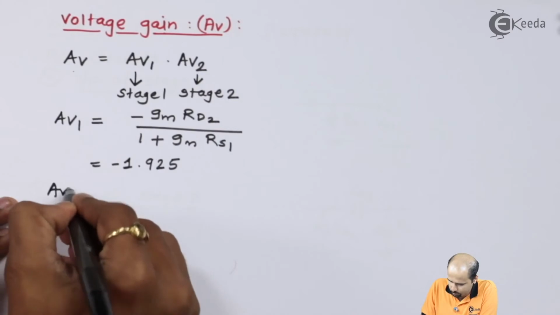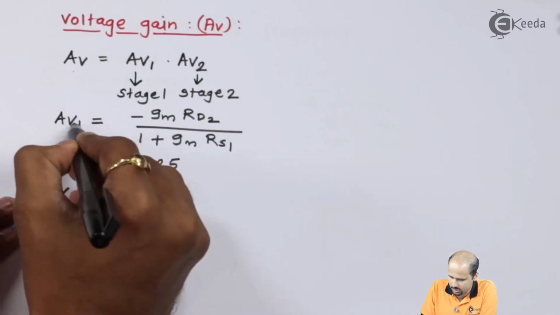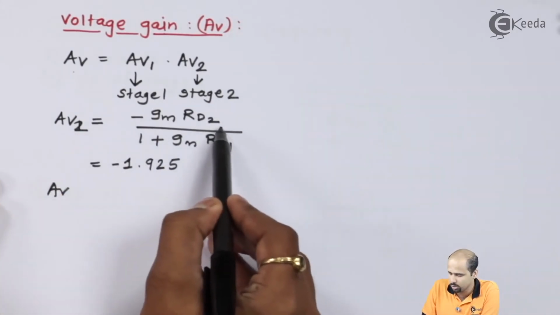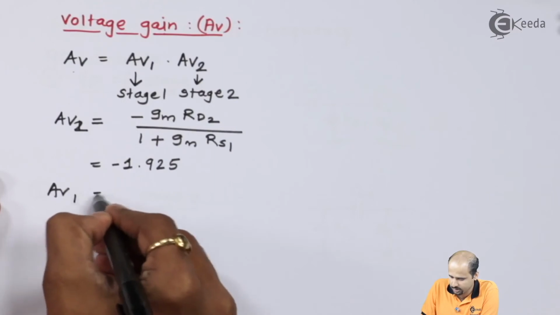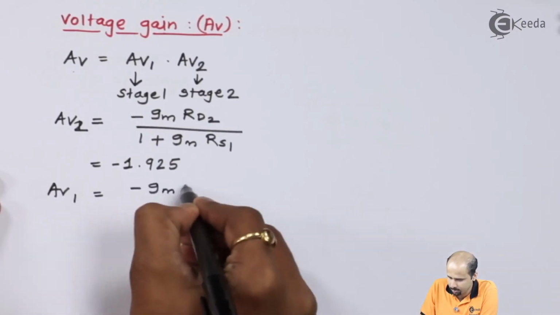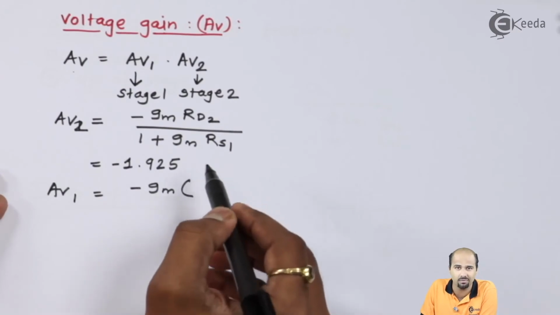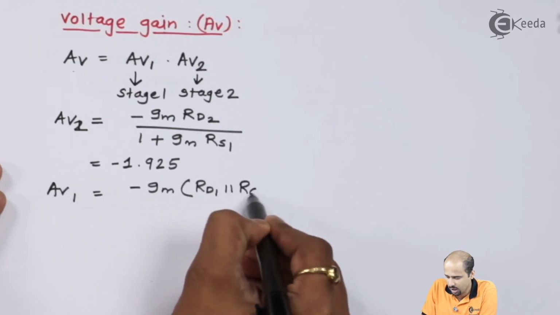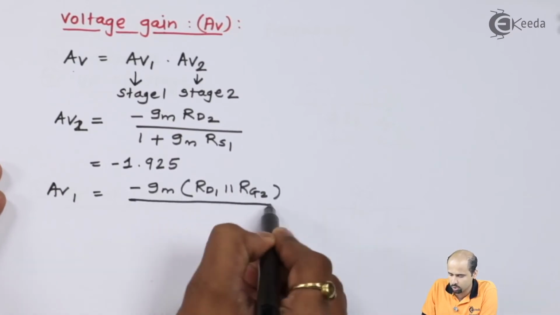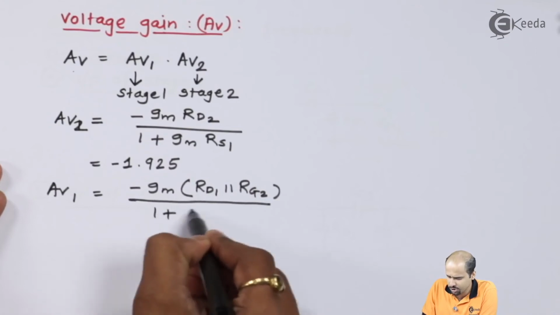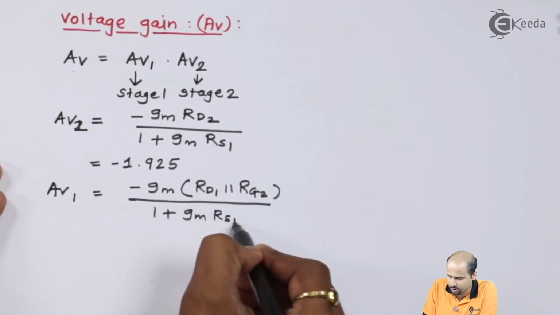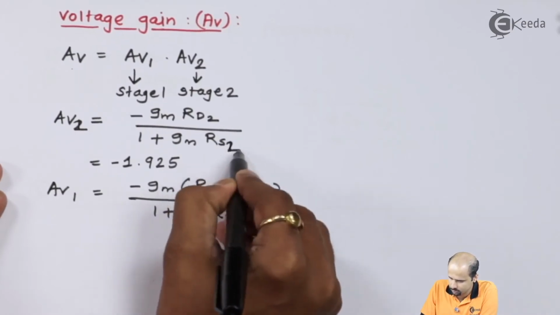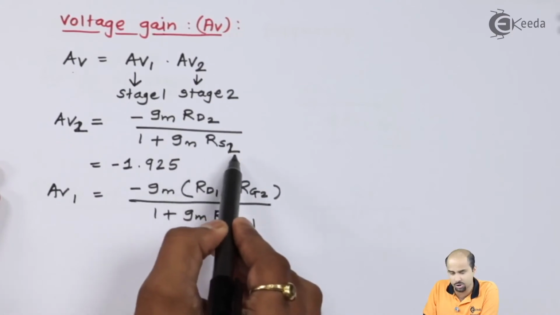Similarly, we'll move towards the value of AV2, and AV2 is related to your RD2. So AV1 we'll have to calculate now. That will become GM into, hold on, this value will become RD1 parallel to RG2. So here we'll be getting RD1 in parallel with RG2, right? But don't worry about that. Simple mistakes, you just note it down.